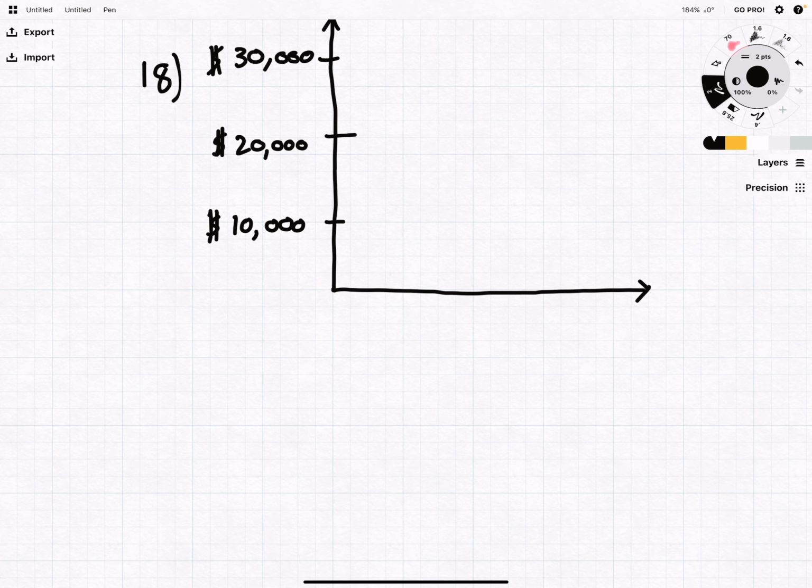And we'll have time in years, maybe 5-year spans. So we'll have right off the lot, then 5, 10, 15, and 20.